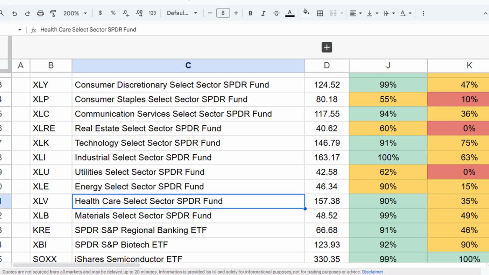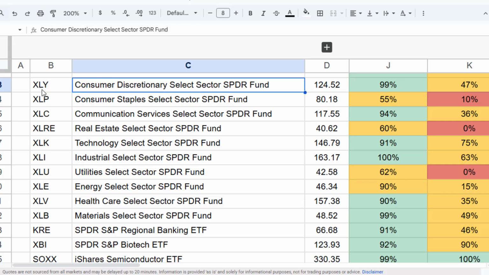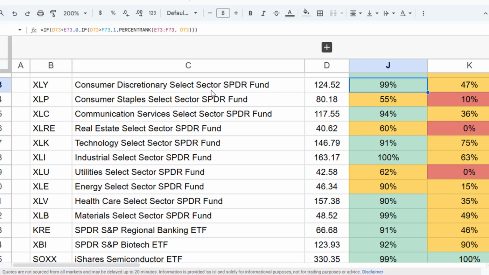Big investors rotate between the sectors. So we want to know which sectors are leading right now. Today, if I'm looking at my analysis, I can see that the consumer discretionary is very strong in the last 52 weeks.